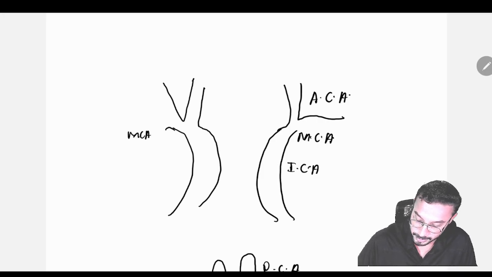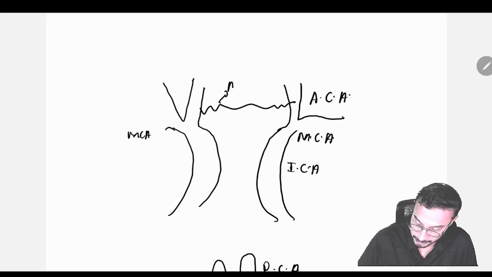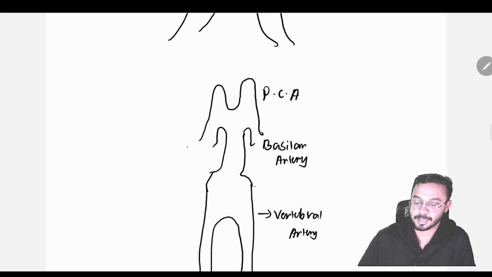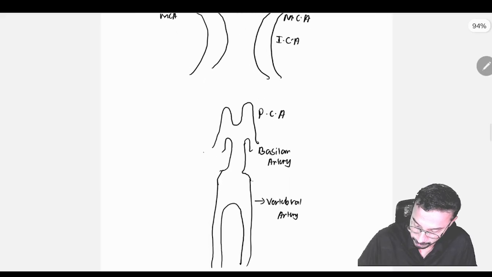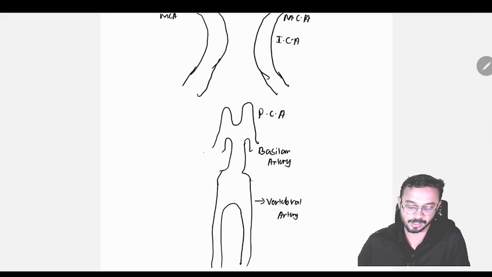So this is the anterior cerebral artery, and here it is the anterior communicating artery. Okay, so this is about the diagram. These are all branches, and they are not separated, they are in a chain over here.